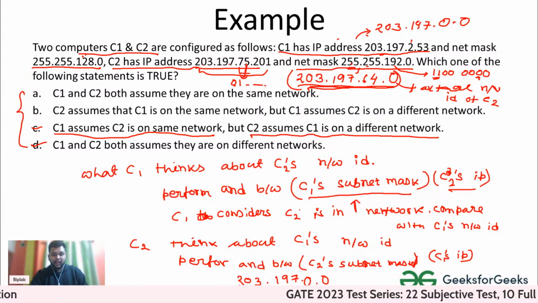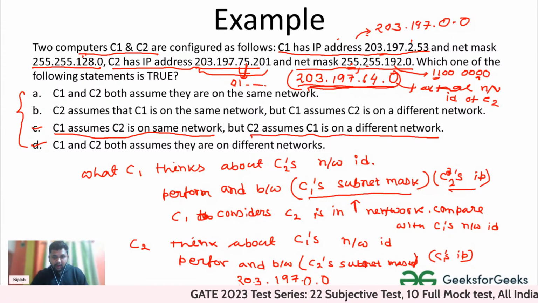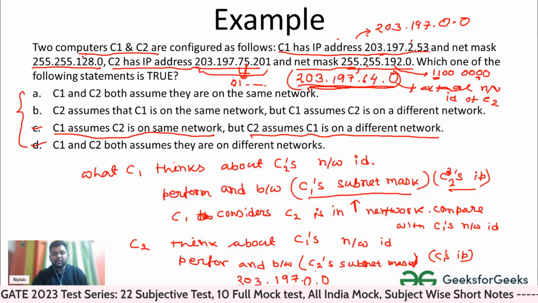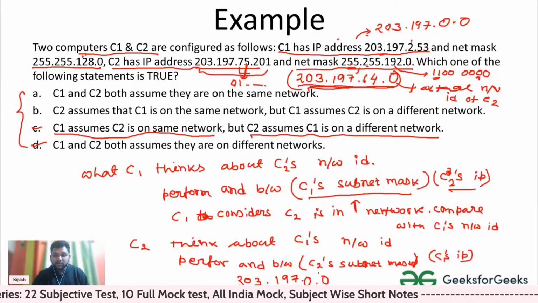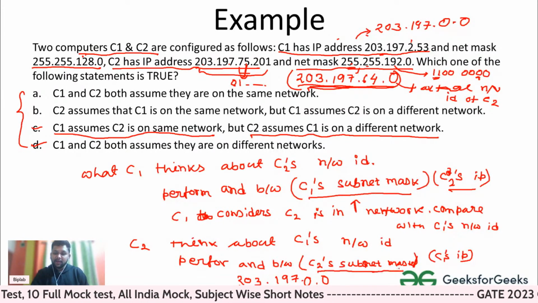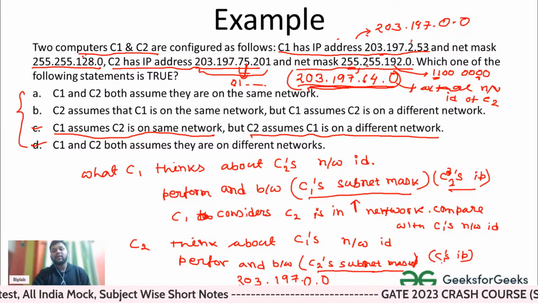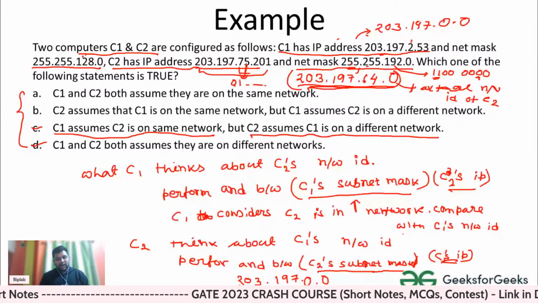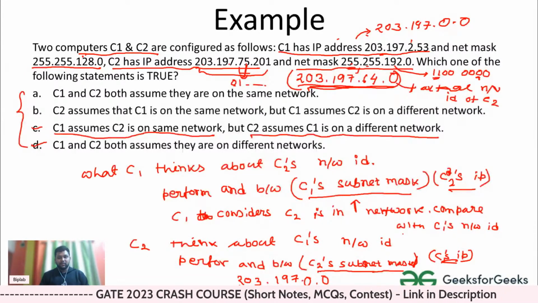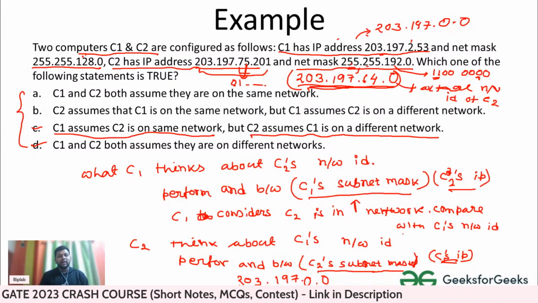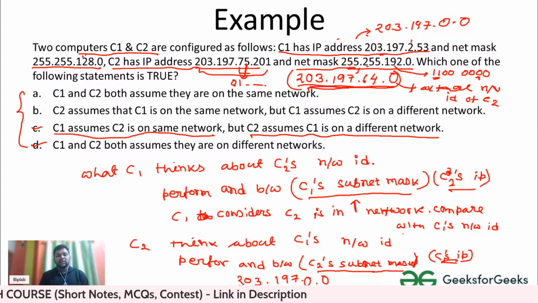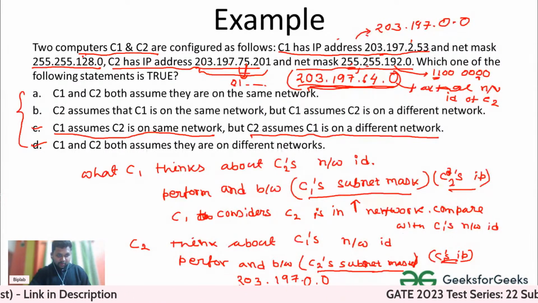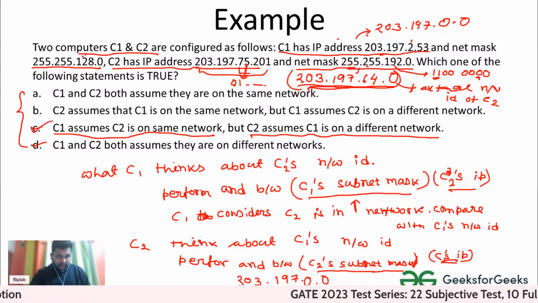And what C2 thinks about C1, for that we are using C2 subnet mask for finding network ID of C1. That's how we can achieve how C2 thinks about C1. Right, so C is the correct answer, D is not.